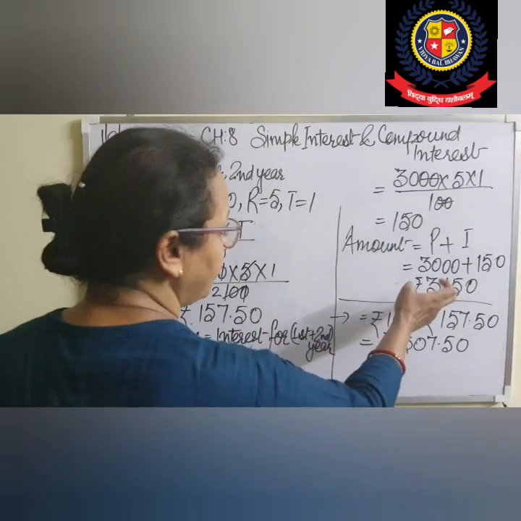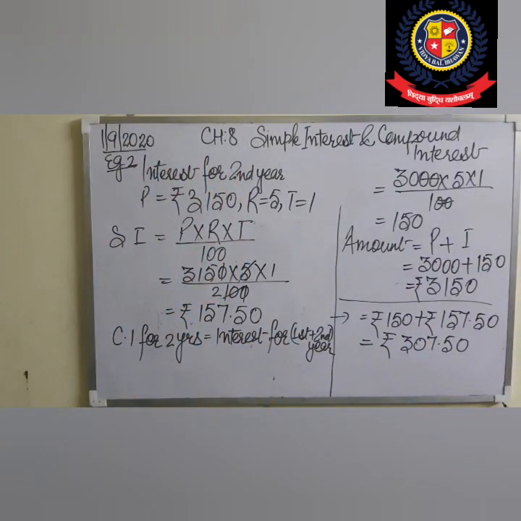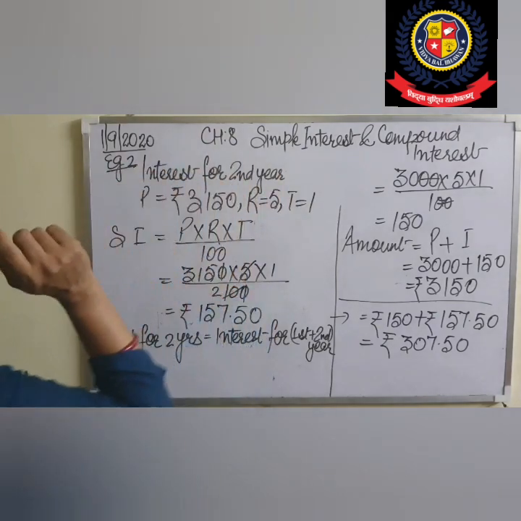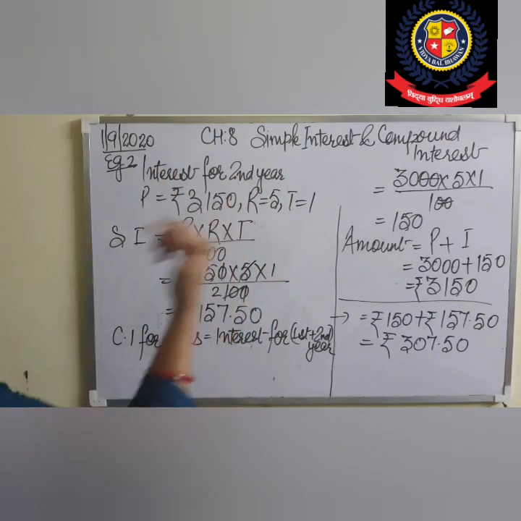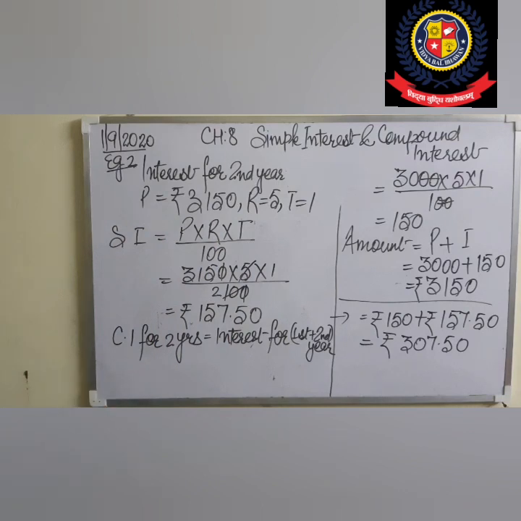Now students, this is in continuity. We have to find out the amount for the year, that is 3000, when I have taken interest for the first year. I have found it out, that is 150. According to it, amount will be 3000 plus 150, which is equal to 3150. Then I am going for interest for second year. Okay, SI, first year. 2 साल का हमने निकालना है.